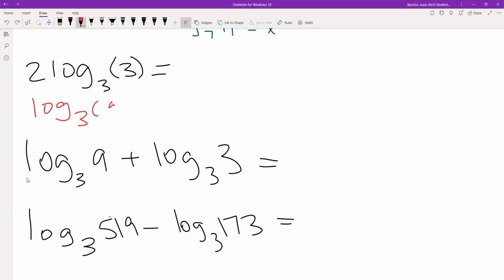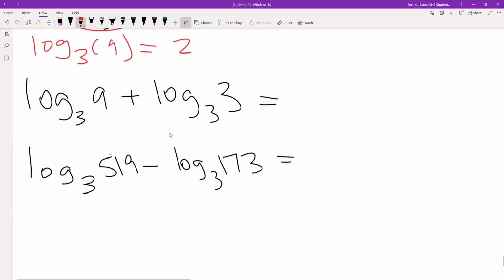Because 3 squared is 9. And then that would be 2 once we type that in. Now, there's another way that you could solve this, because if you have log base something of something, and this thing is the same as this, that's just 1, and then that 2 is there. So either way, you could solve it.